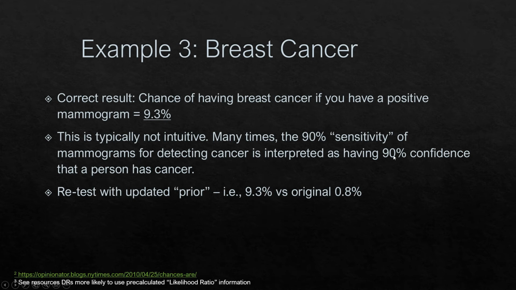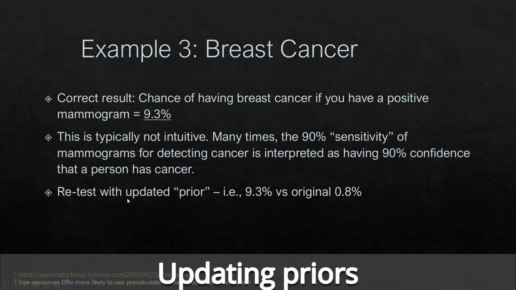You have to be careful with medical tests not to treat that as the confidence level of having the particular medical problem that the test is detecting. 90% is a lot higher than 9.3%, and if you took the 90% confidence level, you might embark on some kind of therapy like chemotherapy or radiation therapy based on a much higher confidence level in having cancer than you really have. I don't think I'd be looking to take chemotherapy if I just had a 9.3% chance of having breast cancer based on a single test.